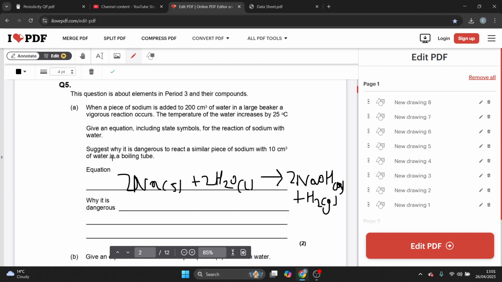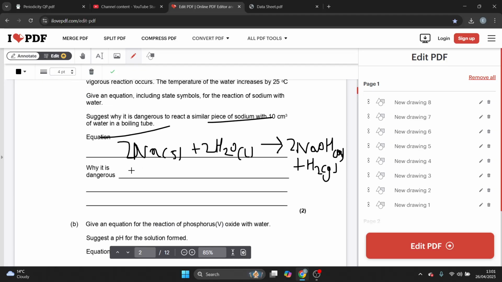Suggest why it's dangerous to react a small piece of sodium with this much water. Reactants can shoot out of the tube.